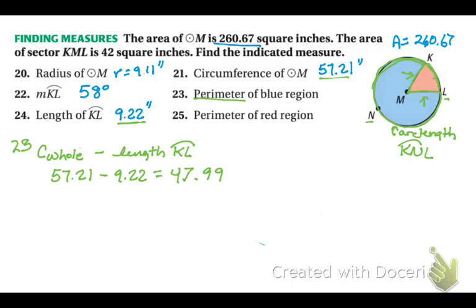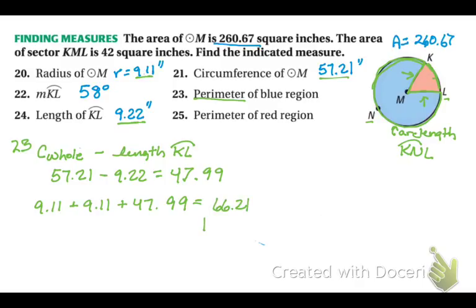So now we have to go back to our plan, which was to add the 2 radii, which are 9.11. So we're going to do 9.11 plus 9.11. Now we have to add the arc length of this whole blue piece, plus 47.99. And that's going to be equal to 66.21.